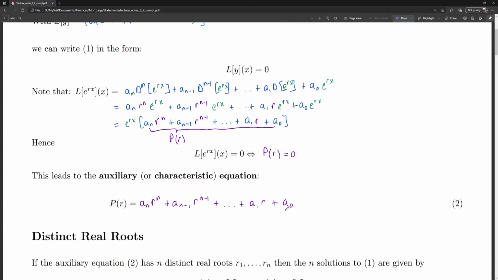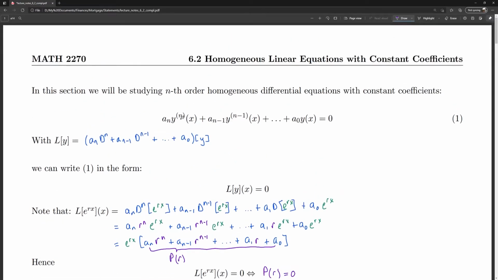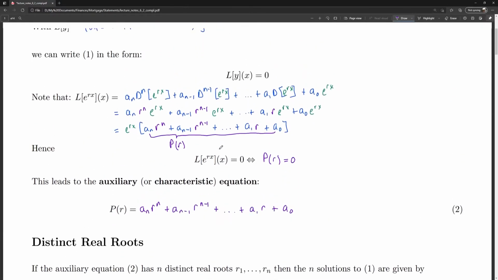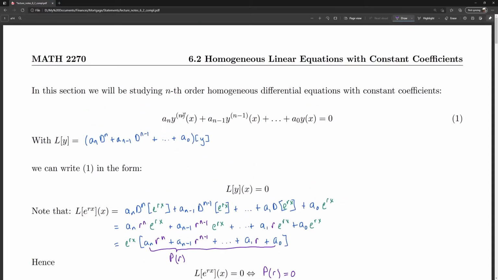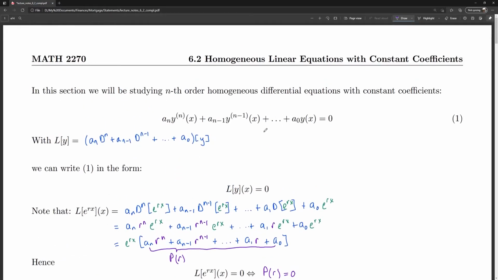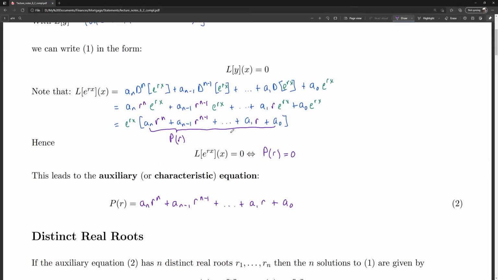By the way, this is something that I'm only doing here for illustrative purposes, but in general, you would go straight from this differential equation to the auxiliary equation by replacing the nth derivative by r to the power n, the second derivative by r squared, etc. So you do not have to show this on an exam.